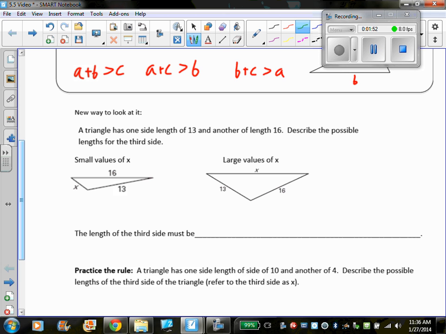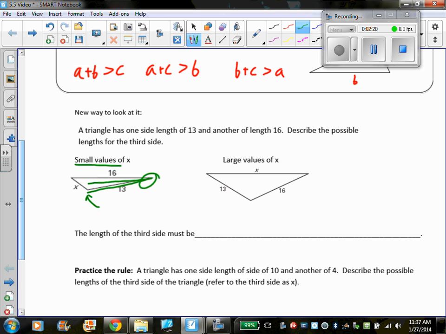So for our first direction anyway, let's look at small values of what that third side can be. What's the smallest it could be, in fact? Well, think about this. Let's say that we had this 13 side, and it was kind of closing this way. It was making a smaller and smaller angle over here, and getting closer and closer to being a flat surface with 16.